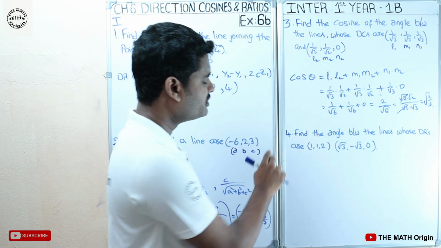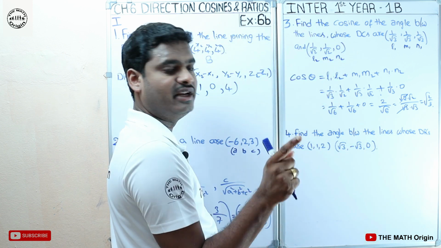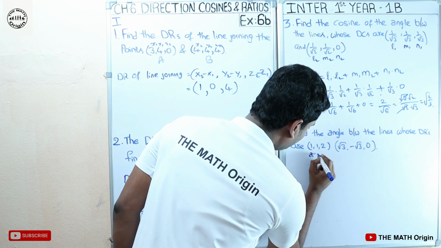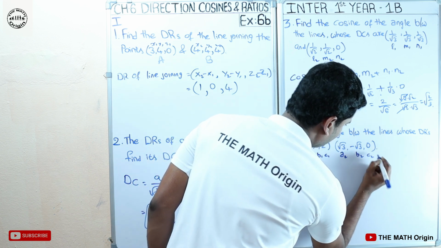Next, fourth question: find the angle between the lines whose direction ratios are given. Direction ratios, as I mentioned earlier, let's consider this as A1 B1 C1 and this as A2 B2 C2.